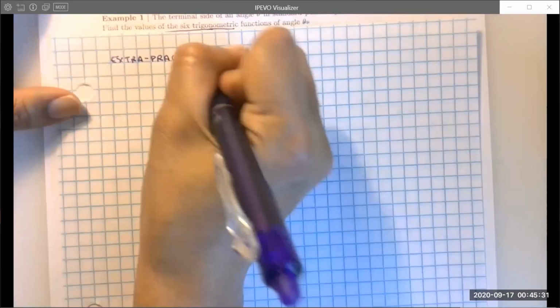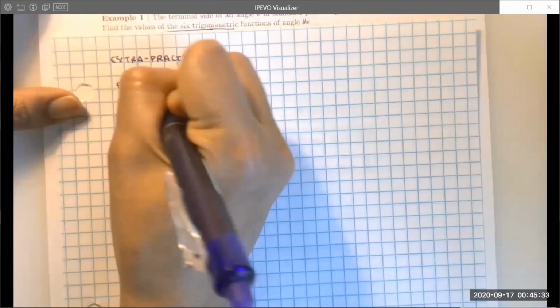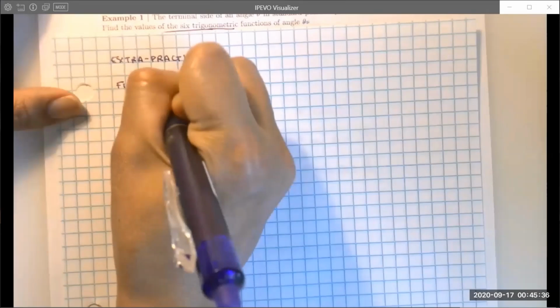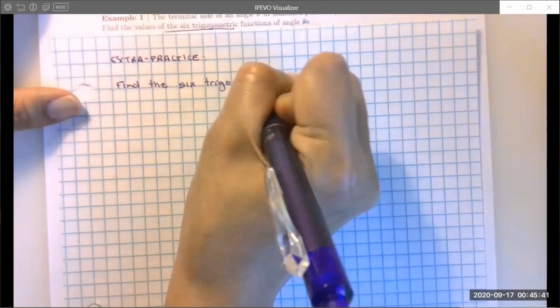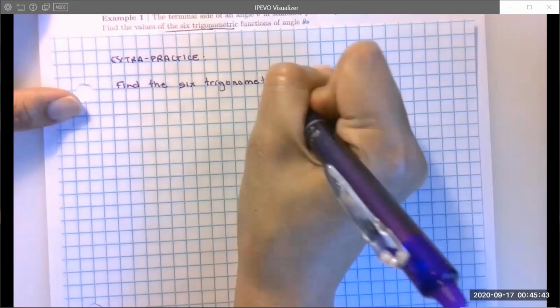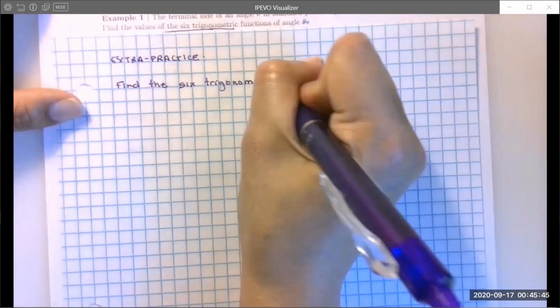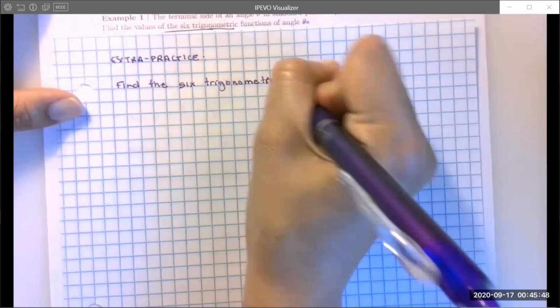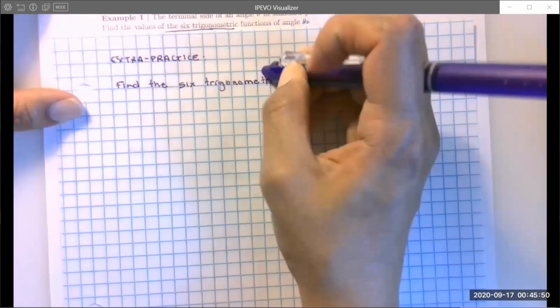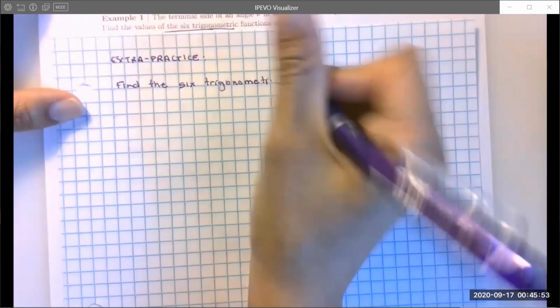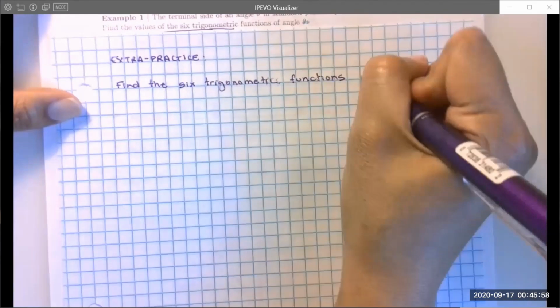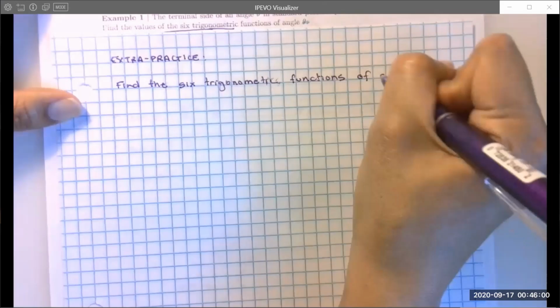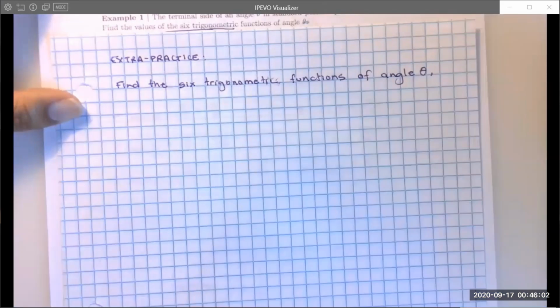The same directions as before. We're going to be finding the 6 trigonometric functions of angle theta given this point.